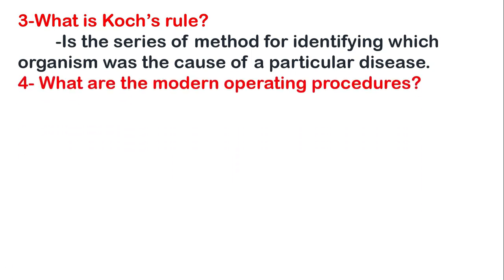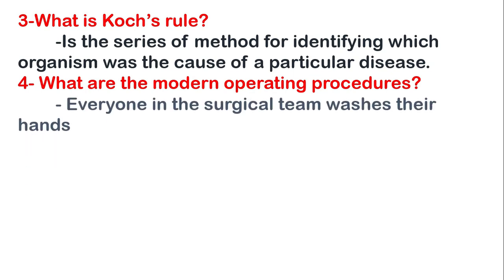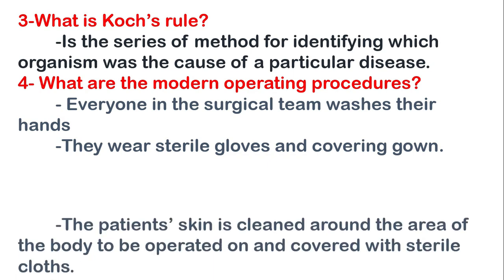Now, number 4, what are the modern operating procedures in the operating room today? Everyone in the surgical team will wash their hands, first with soap and second with alcohol. They wear sterile gloves and covering gowns.